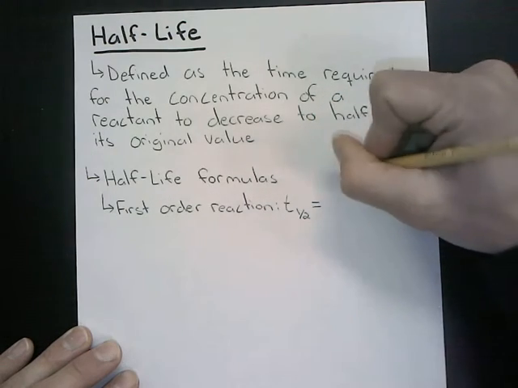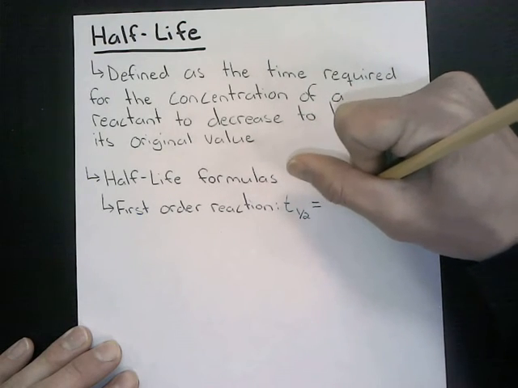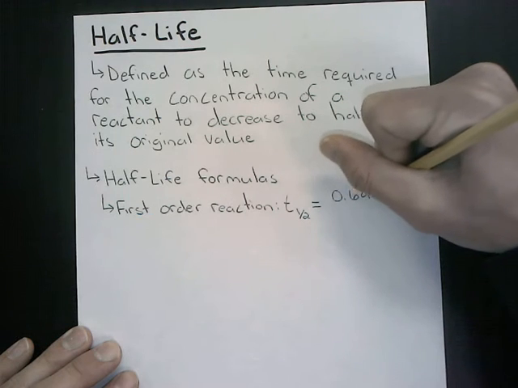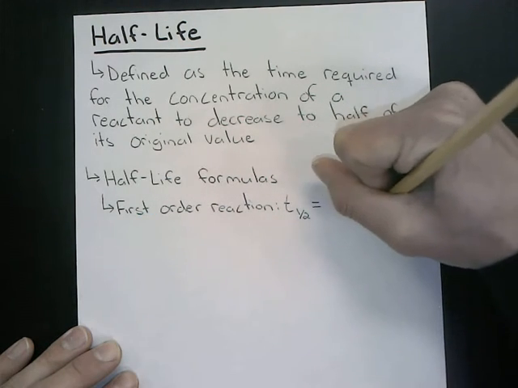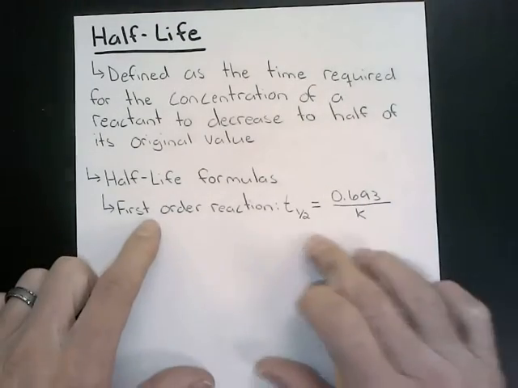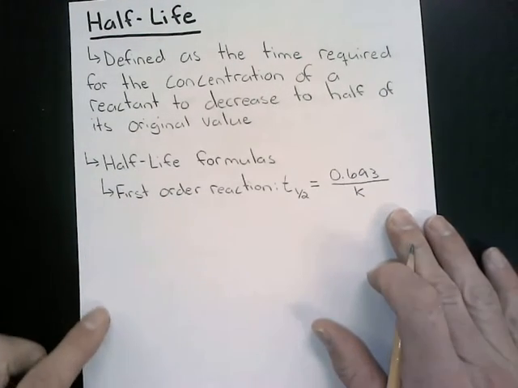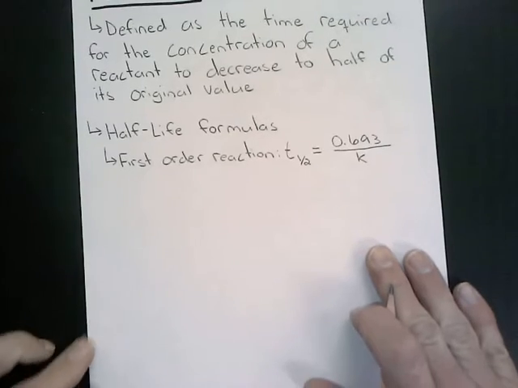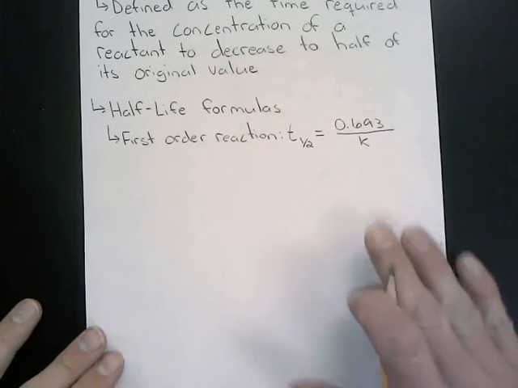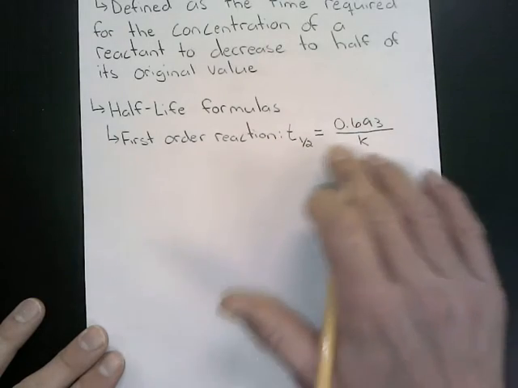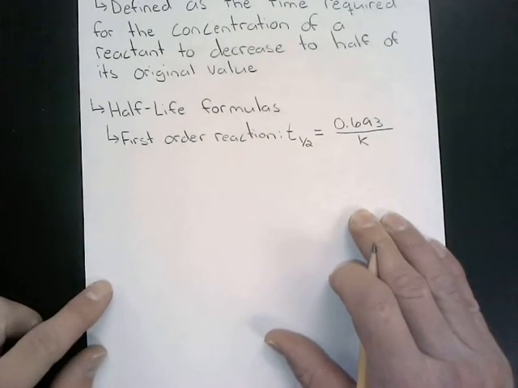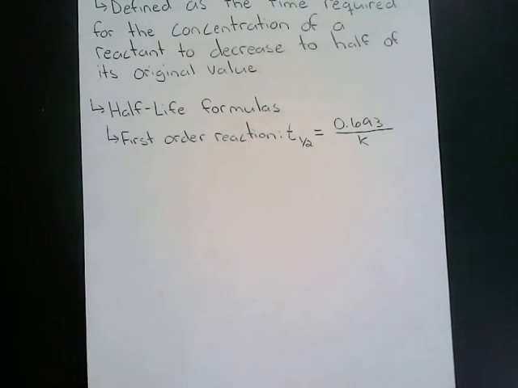The time required for the half-life is going to be 0.693 divided by K. Now, I'm going to leave a little bit of room, because I want to talk in more detail about how we got to that formula. But we'll move down here to the second formula, which is for a second order reaction.